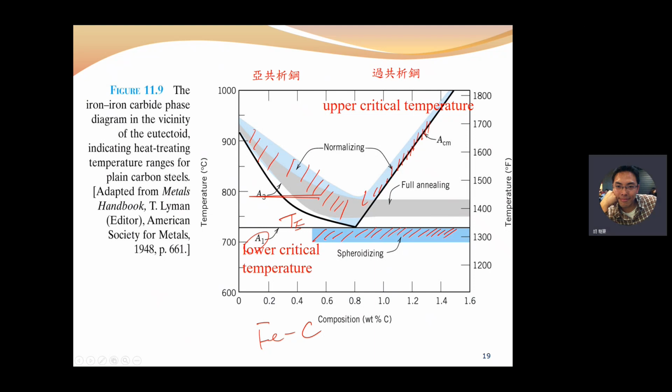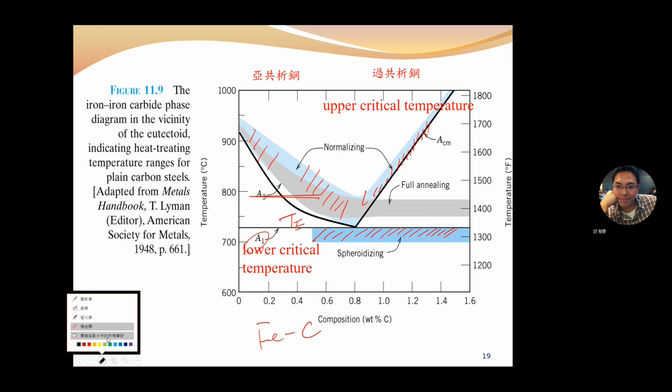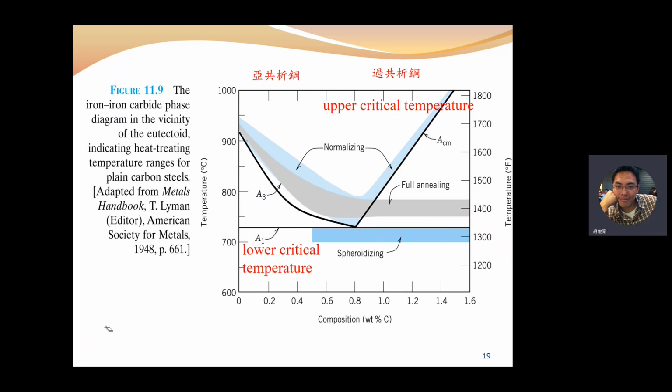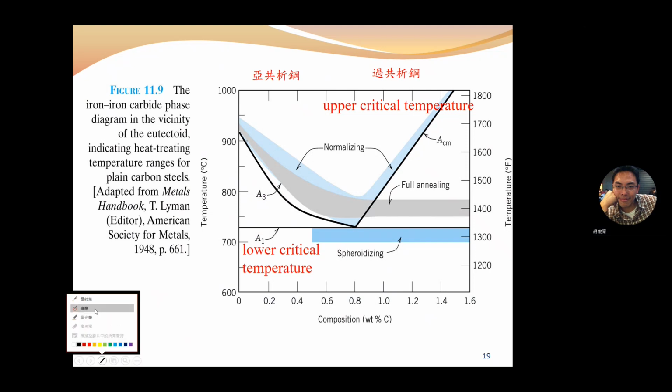And for the full annealing, the temperature is within this gray region. The gray region here is the full annealing process.